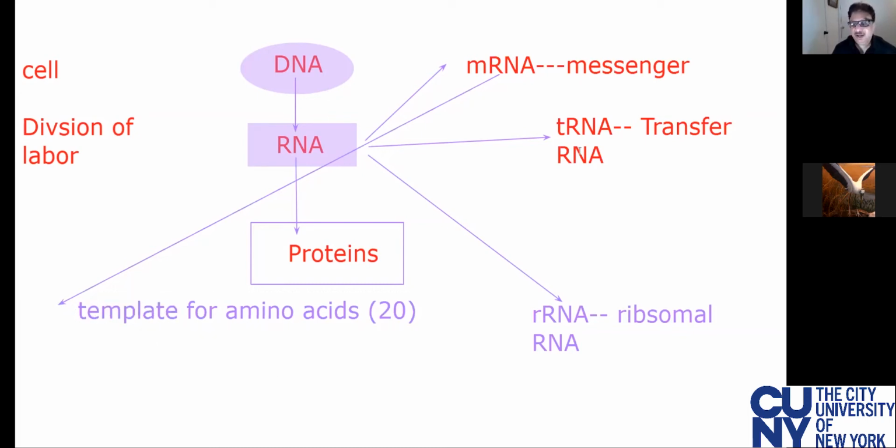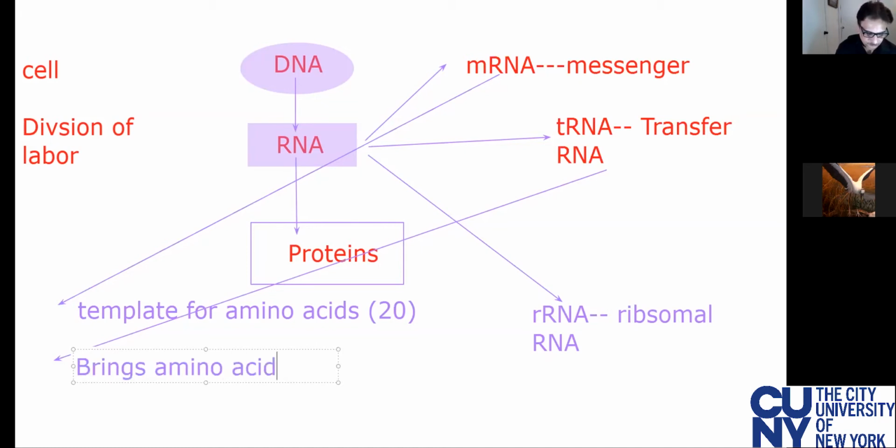The second type of RNA is transfer RNA. The function of transfer RNA is that it brings amino acid to the ribosome.